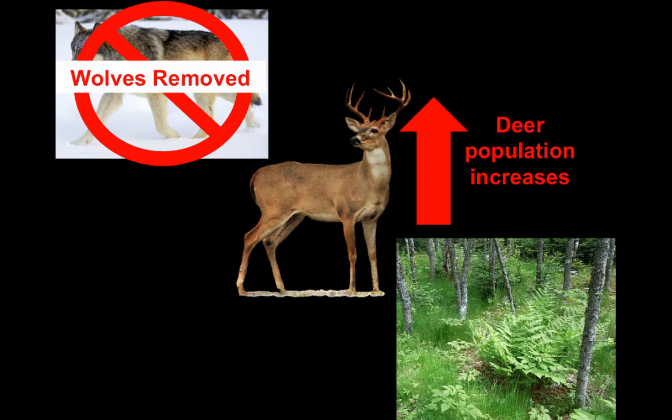And then the deer, because there's so many of them, are going to eat all the plants. Now there's no more food, and the deer population will crash because all these deer are going to starve to death. So without the wolves, that population goes through what are called oscillations, where you get huge population growth and then massive die-offs.